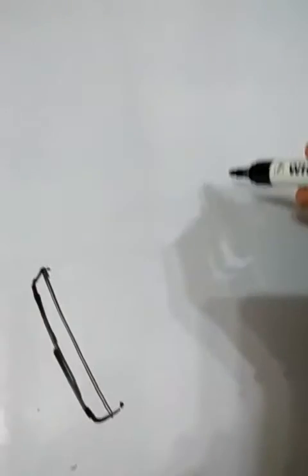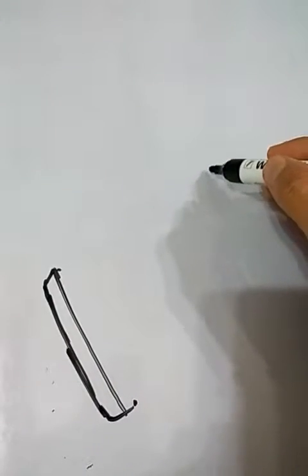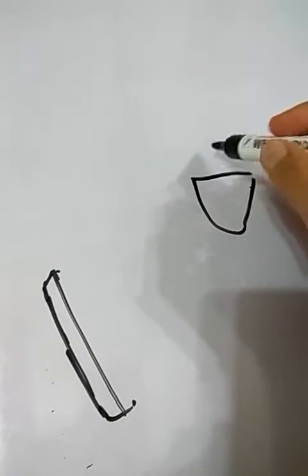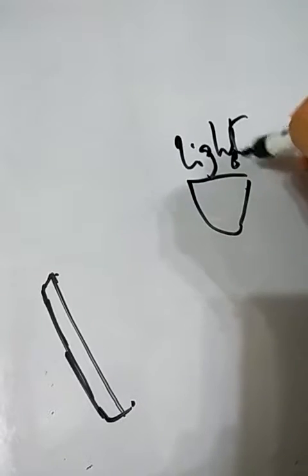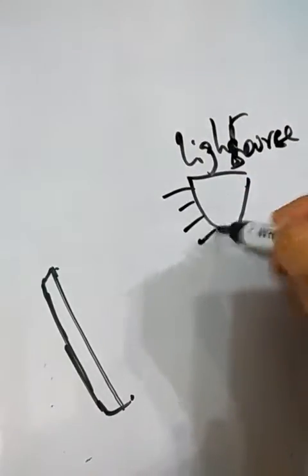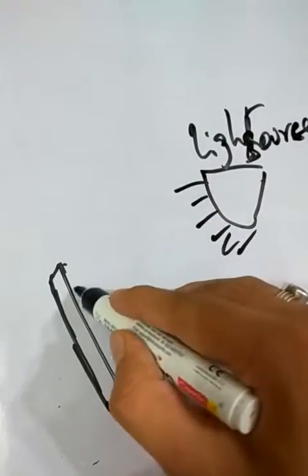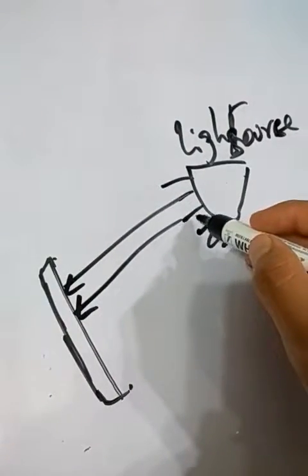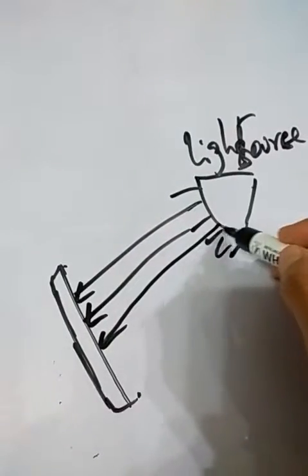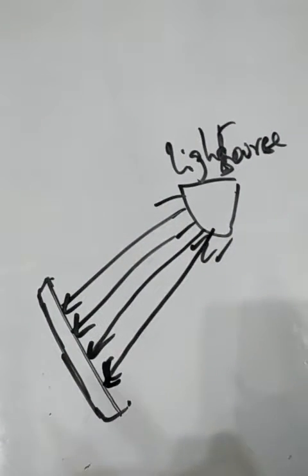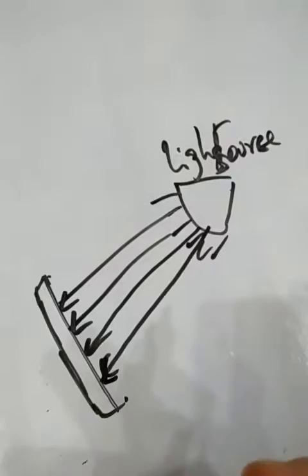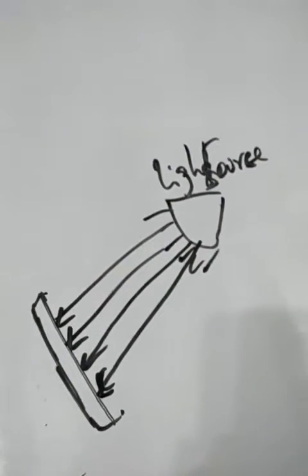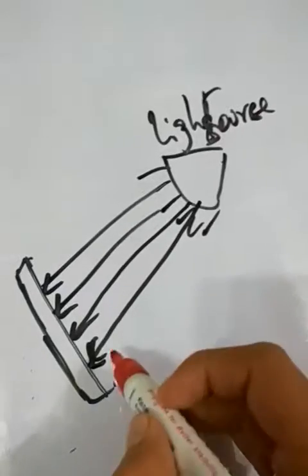This is a metal surface, and from here there's a light source, and from here 4 photons. 4 photons fall on the metal surface, and for each photon there will only be 1 electron ejection.